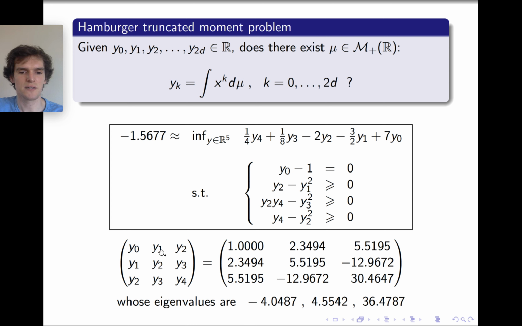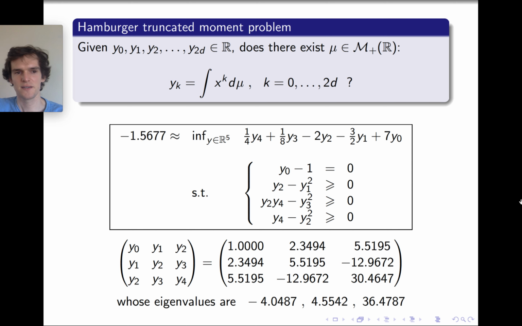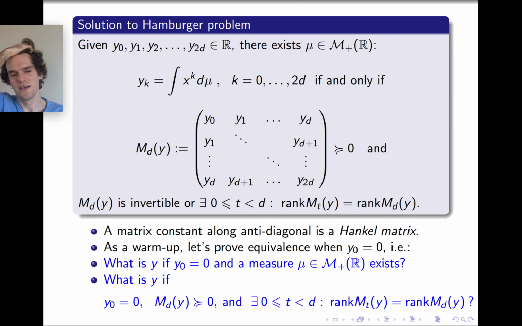This is basically the moment matrix of order 2. And since it's not positive semi-definite, it cannot be represented by a measure. So that's just a confirmation of what we were saying earlier. This condition is being violated by those pseudo moments.